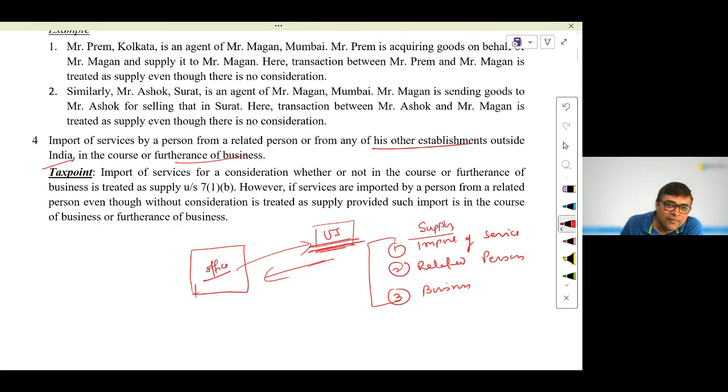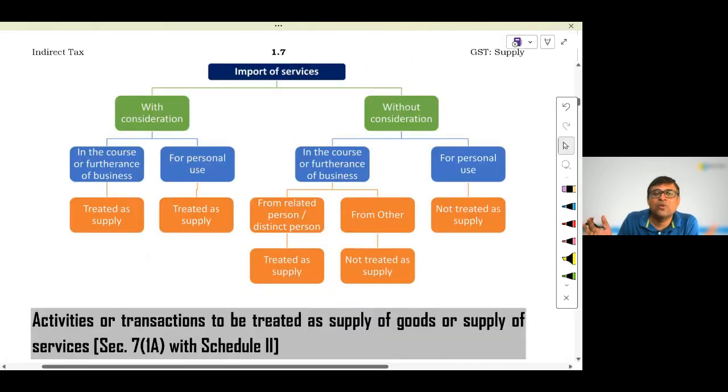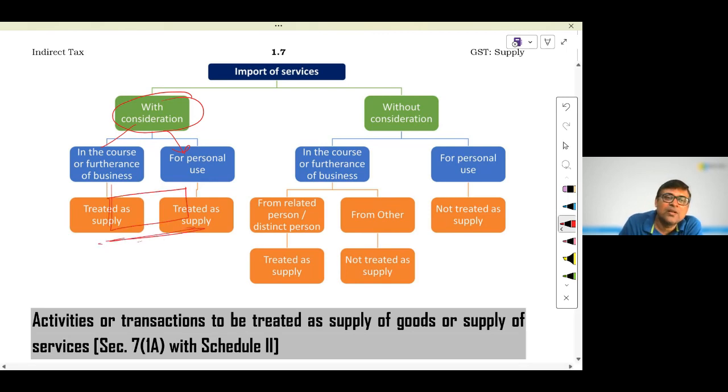In short, for import of services, there are two clauses. Number one, if it is with consideration, whether it is for personal use or for business use, it will be treated as supply. If it is without consideration, then ask yourself, is it for business or for personal use?